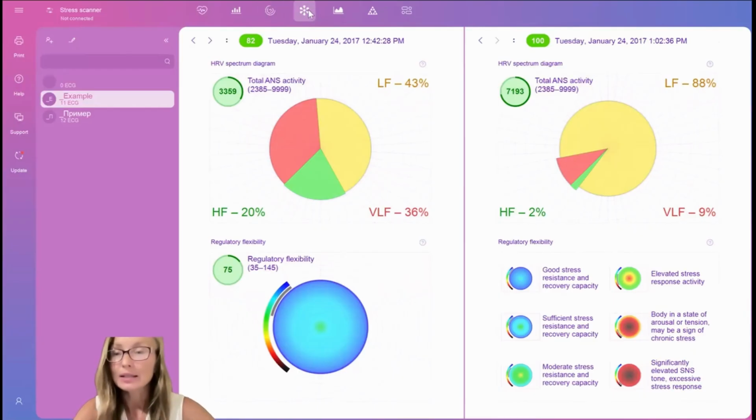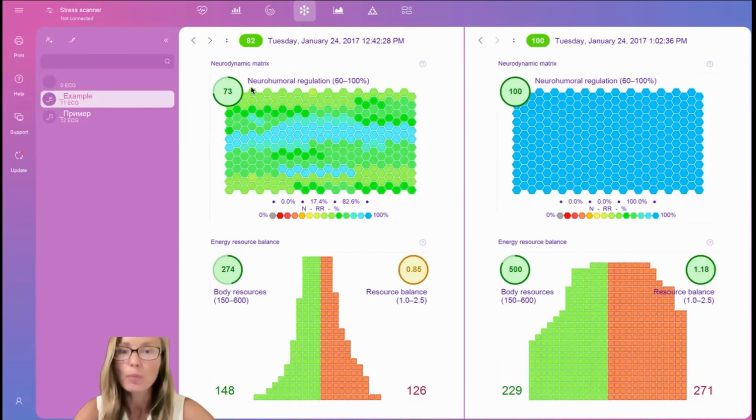The next indicator is the impact of stress on the hormonal background. So here we don't see which specific hormones are out of balance. The most important thing we see here is the main feature of our program, our unique development, the quality of hormonal system regulation. The level of resources, that is, the total amount of energy, also depends on it.